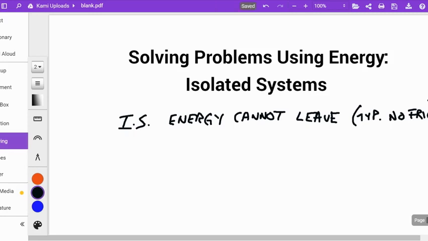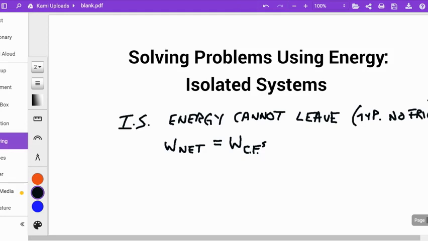And what I'm going to write down next is the idea that if you have work that's being done within a system, we're going to assume that all that work is being done by conservative forces. Okay? So the conservative forces are forces that have their own forms of potential energy.